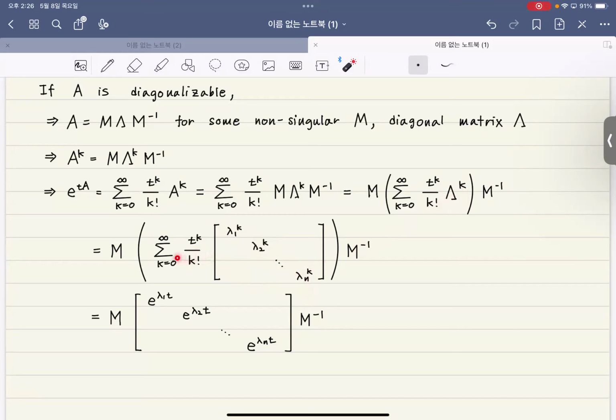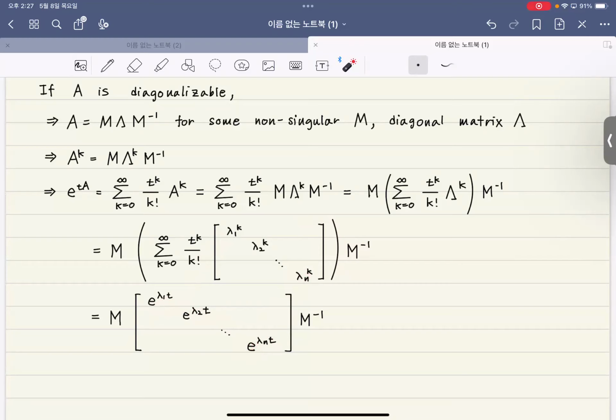Now you need to apply this summation to this. Can you guess the resulting matrix? The resulting matrix must be precisely e to the lambda 1 times t, e to the lambda 2 times t, up to e to the lambda n times t. Right?